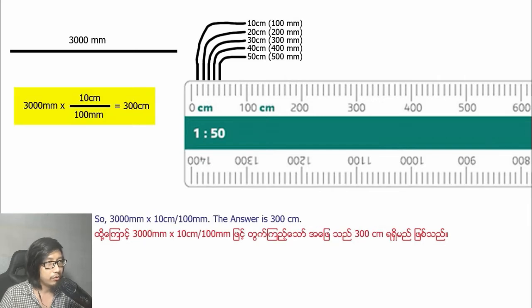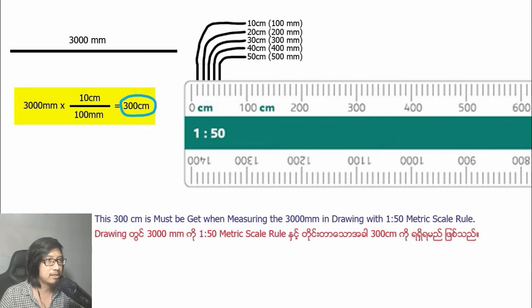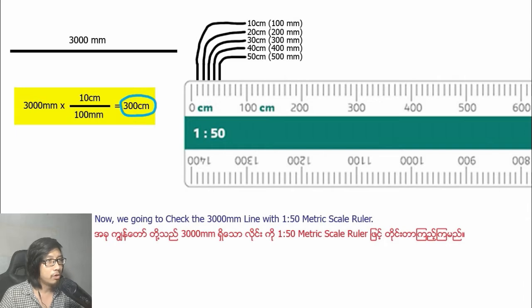So 3000 millimeter times 10 centimeter divided by 100 millimeter. The answer is 300 centimeter. This 300 centimeter must be obtained when measuring the 3000 millimeter in the drawing with the 1:50 metric scale ruler. Now we are going to check the 3000 millimeter line with the 1:50 metric scale ruler.